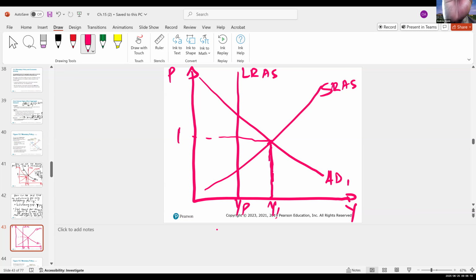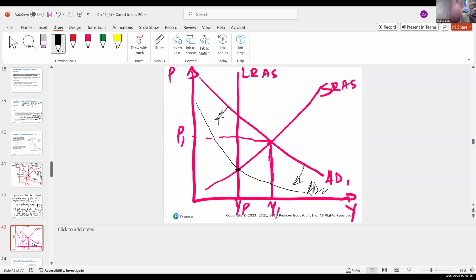This is your P1. So what we're saying is, in this case, how can we bring the economy back to full employment? The Fed is going to increase interest rate by selling bonds. So the aggregate demand curve is going to shift, and it's going to continue shifting until we close that inflationary gap. See that? I didn't draw this, okay, but it shifts to the left.